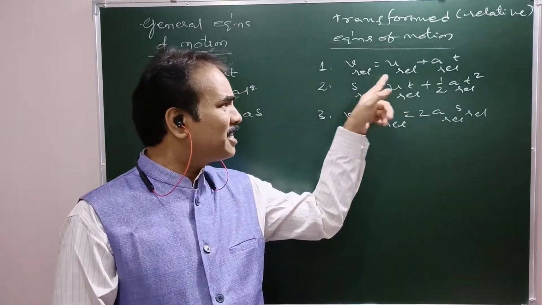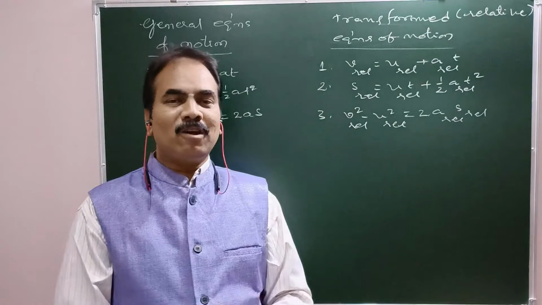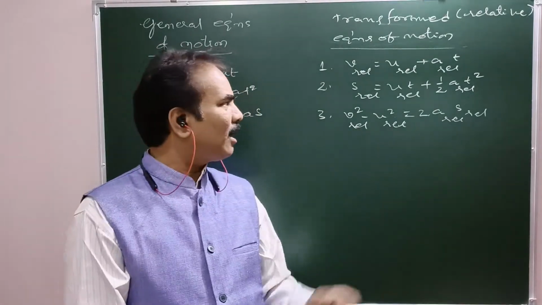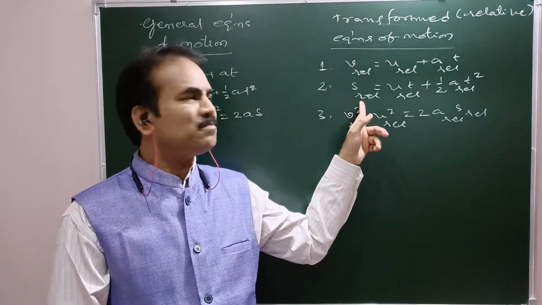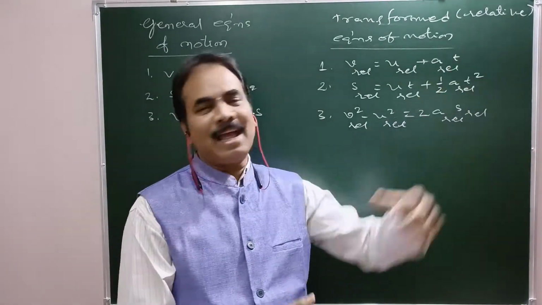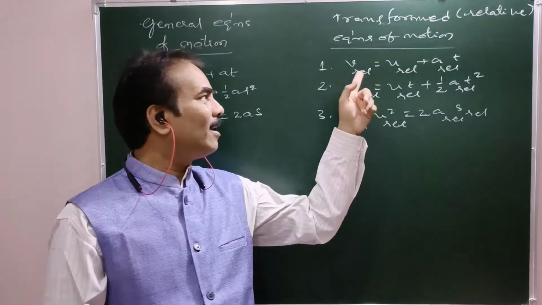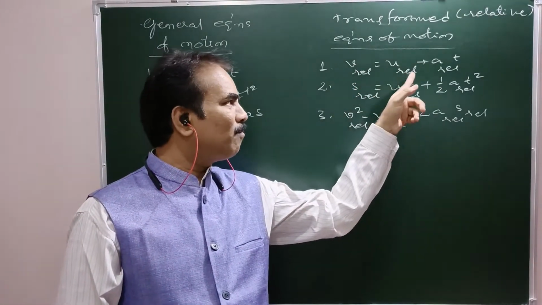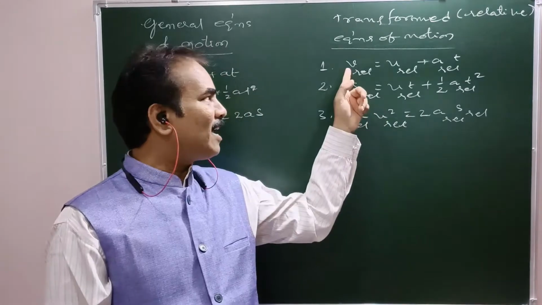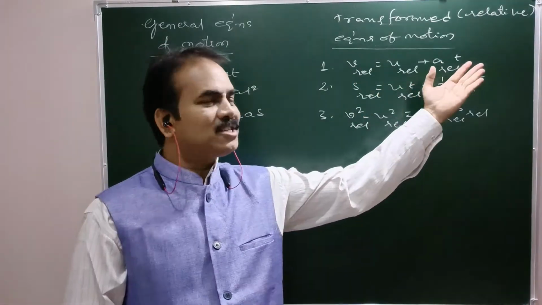Similarly, initial velocity of one body with respect to another body, final velocity of one body with respect to another body. Right? Similarly, relative displacement. Okay, but time is absolute. That's why there is no relative for time. So the first equation V equals U plus AT becomes V relative equals U relative plus A relative into T. Means final relative velocity equals initial relative velocity plus relative acceleration into time.